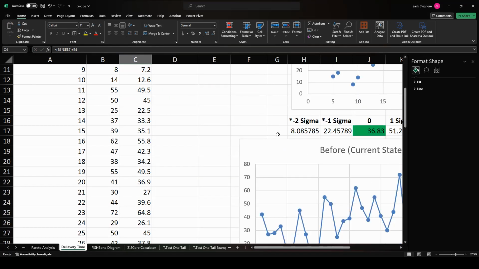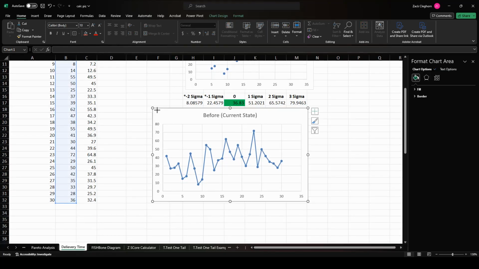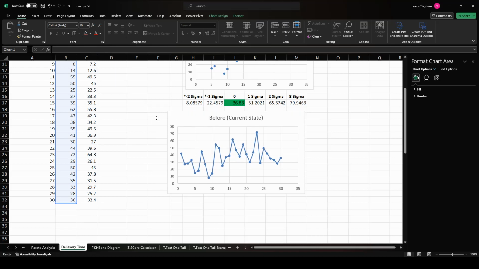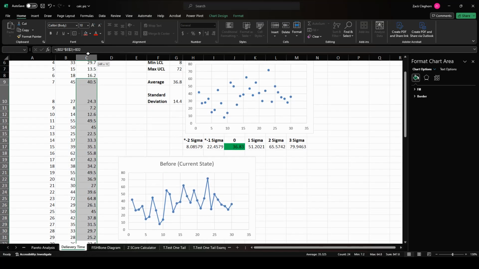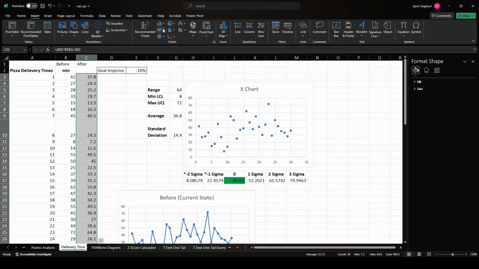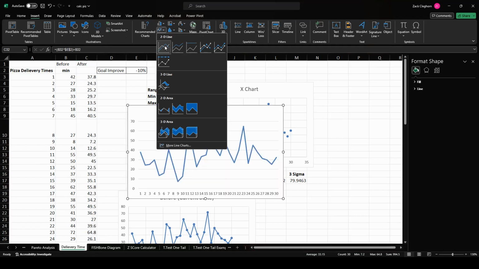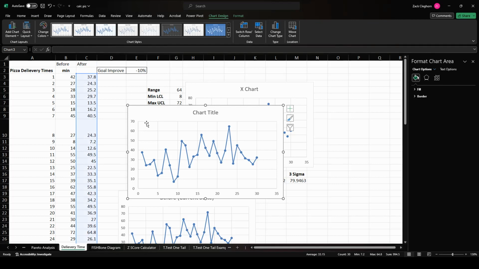But essentially, I have my before state, and I have my future state. Well, I'll use the same type of chart that I had.